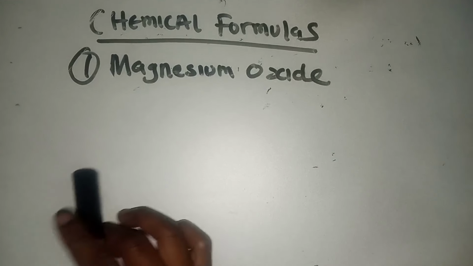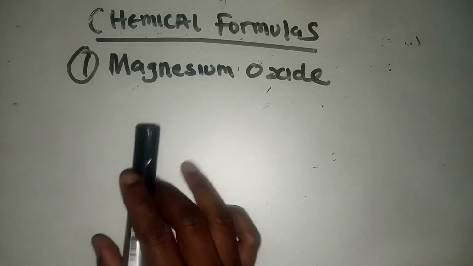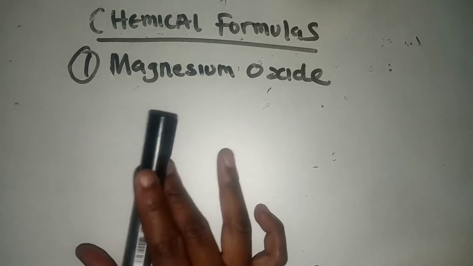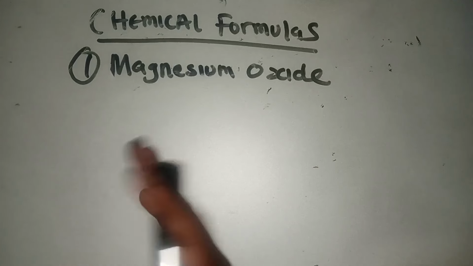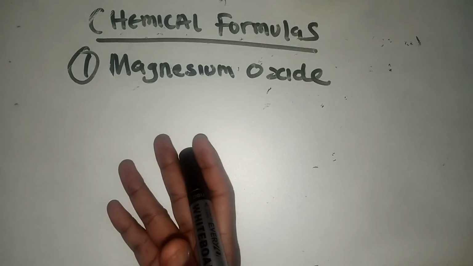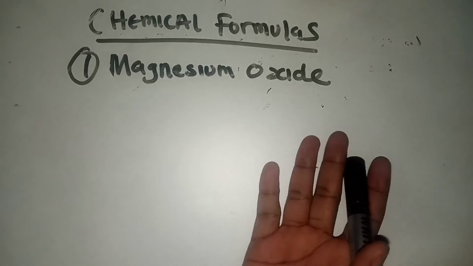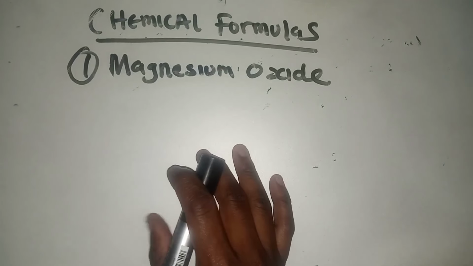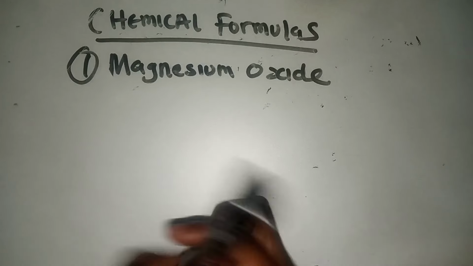Okay, so before we write this chemical formula, it is important to note some keywords: groups, periods, valence, valence electrons, metals and non-metals. I'll start with the periodic table.